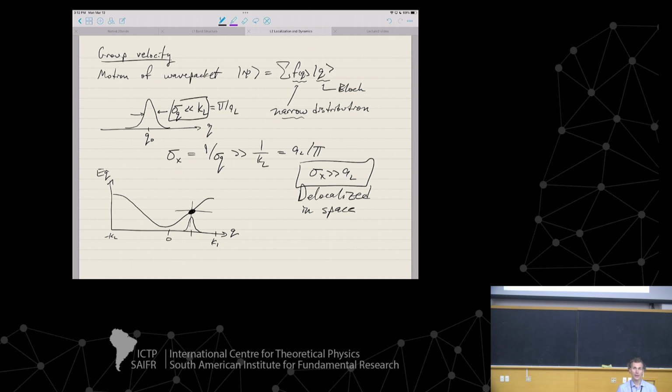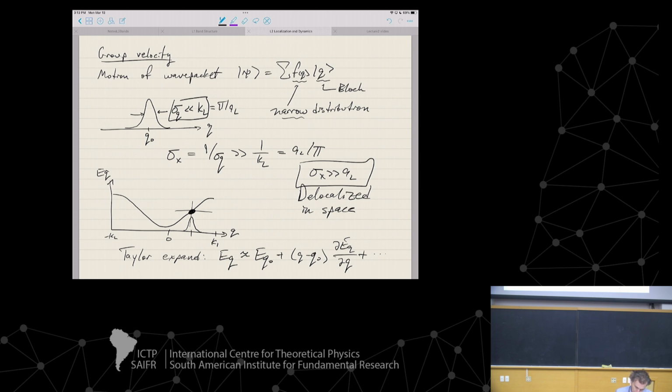And then around that one location, do a Taylor expansion of the energy. So if we Taylor expand, then we'd say that the energy is roughly the energy at Q naught plus the distance from Q naught times the first derivative. And we can also go to a higher derivative.